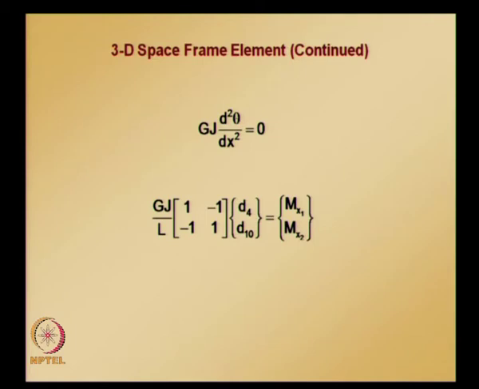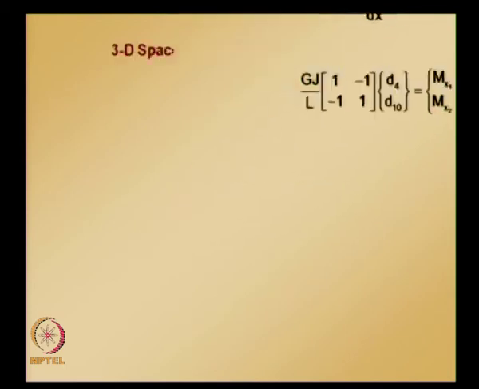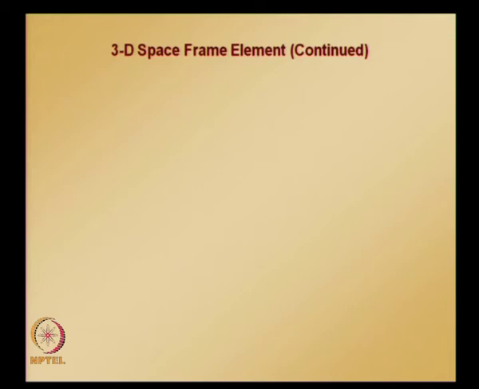When we derive all these equations, we use the corresponding degrees of freedom and also corresponding forces, and when we started out with this 3D space frame element, we made an assumption that all these effects, that is axial effects, bending effects and torsional effects, are all uncoupled. So, combining all the 4 effects, the following equations are obtained for the 3 dimensional frame element in its local coordinate system.